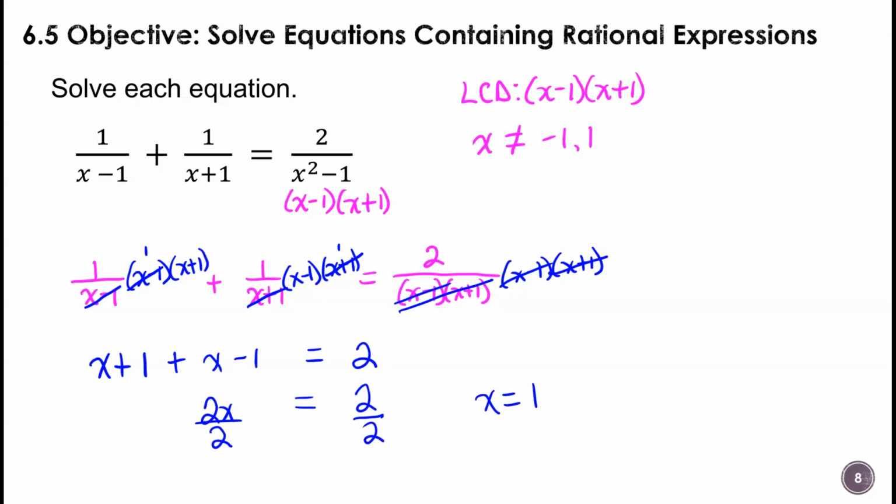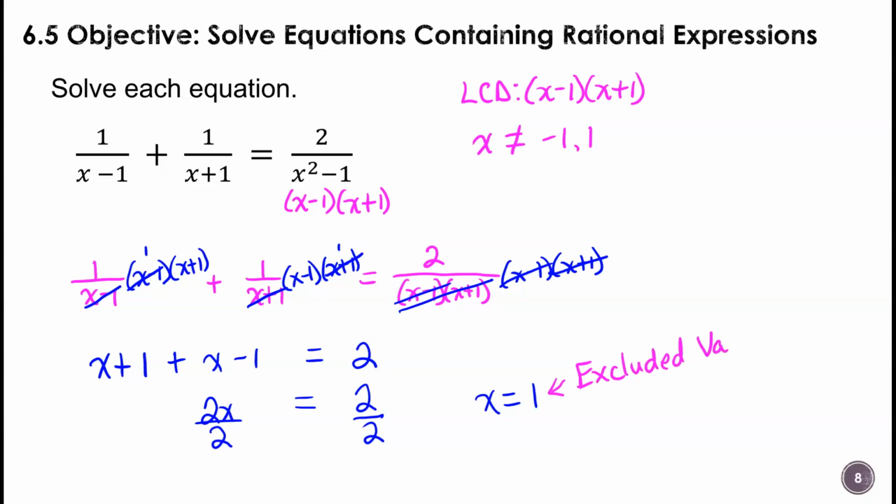And I find that my solution is x equals 1. And 1 is an excluded value, so my solution cannot be 1, and this means that I have to say, oh, wait a minute, I just realized this is one of my excluded values and it cannot be x equals 1. I'll write that out.